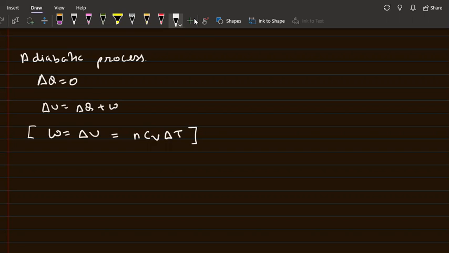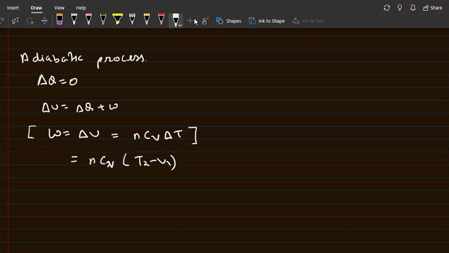This will be true for both reversible and irreversible. So I can say that this is equal to n Cv delta T, which is T2 minus T1.